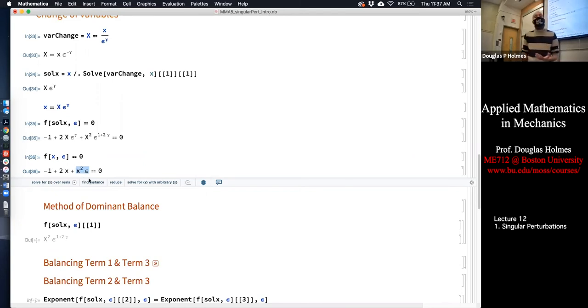And so the way we do this is we just check all the possible balances. In this case, there's only two to check. We have to make sure we keep term 3. And so we're going to balance term 1 and term 3, and term 2 and term 3. Term 1 being this one, term 2 being this one.